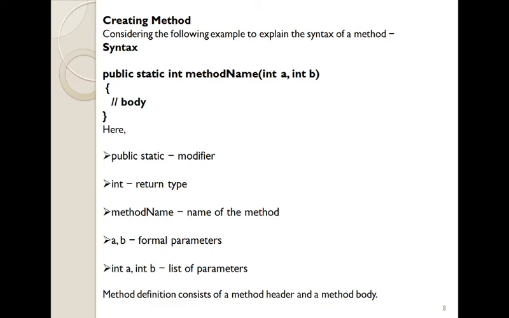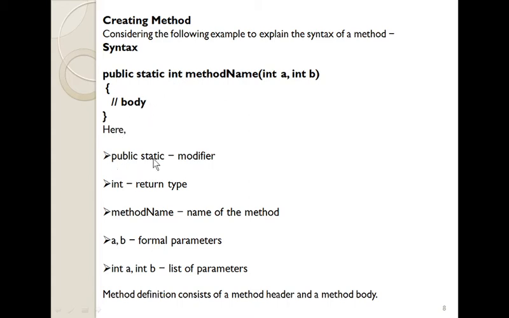Consider the following example to explain the syntax of a method. For example, suppose public static int methodName, with int a and int b as the parameter list, and an opening and closing curly brace, which is the body of the method.